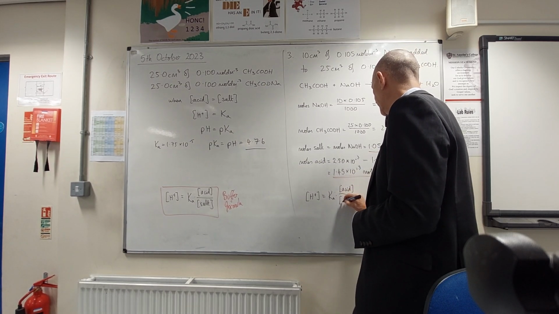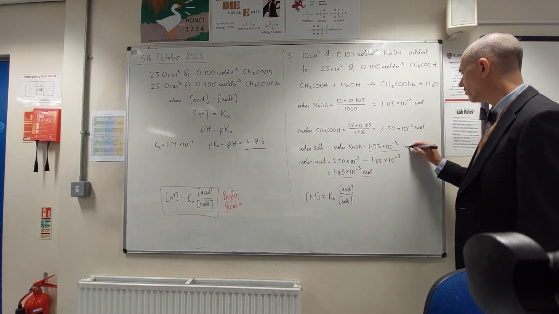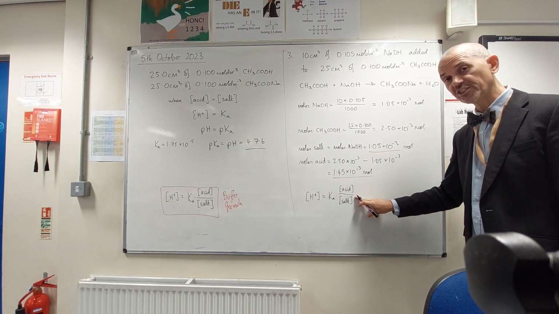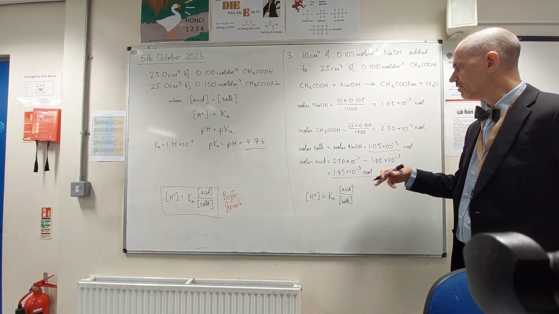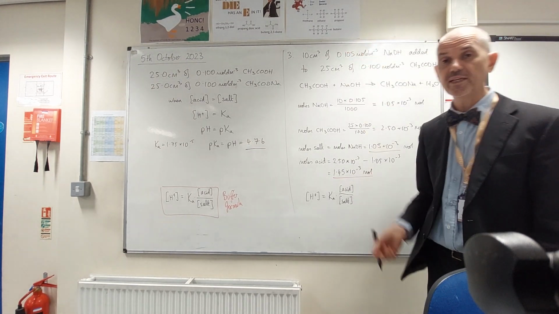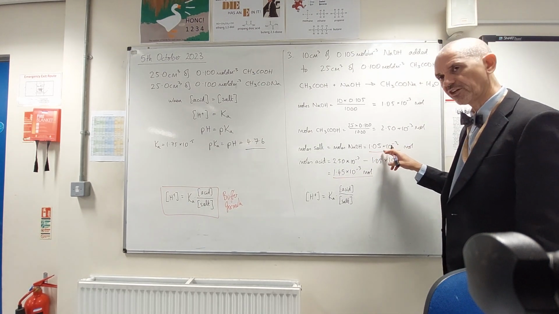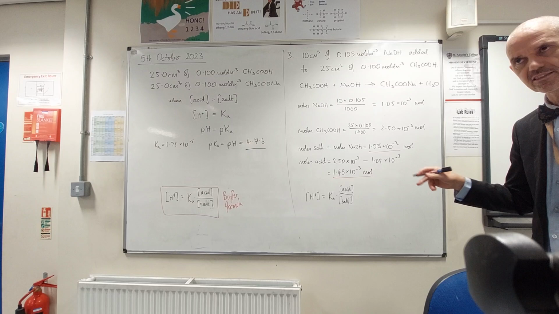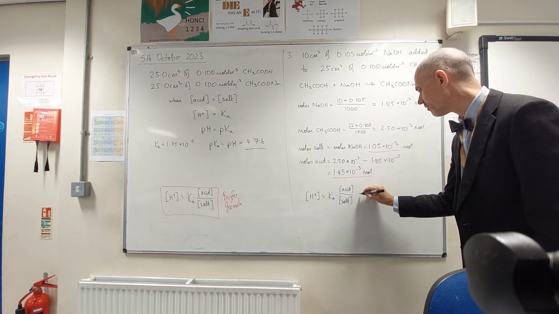Now, again, it's very important not to confuse moles, these are mole values, with concentrations. How do we work out the new concentration? Well, we divide by the new volume, which would be 35. So I could work out the concentration of the salt and the concentration of the acid. Two extra steps that I don't actually need, because let's see what happens.